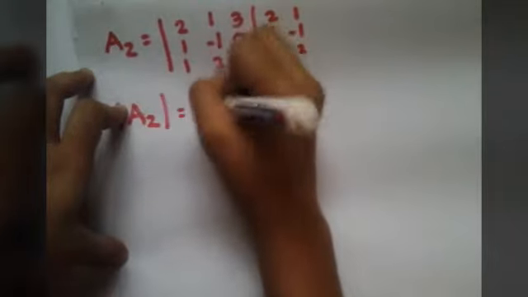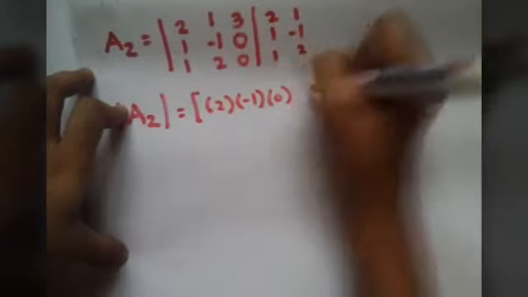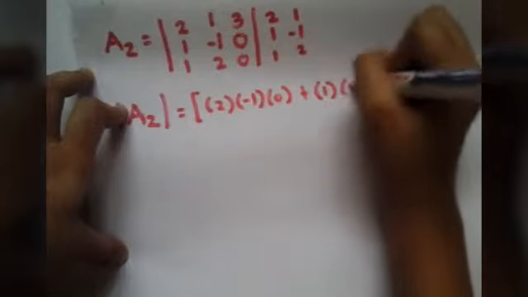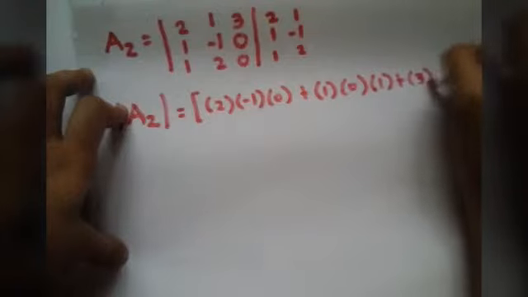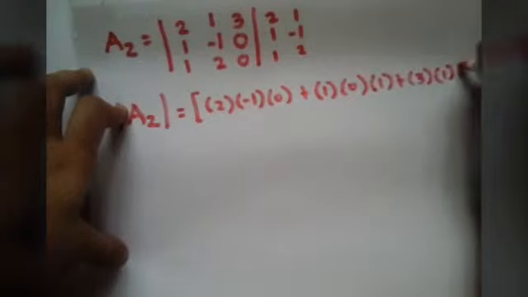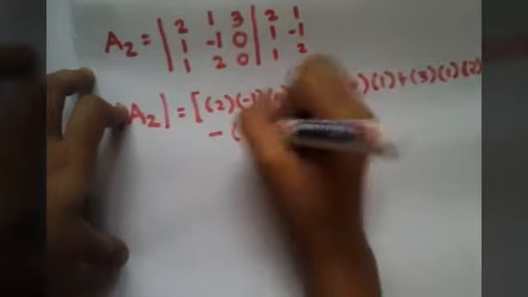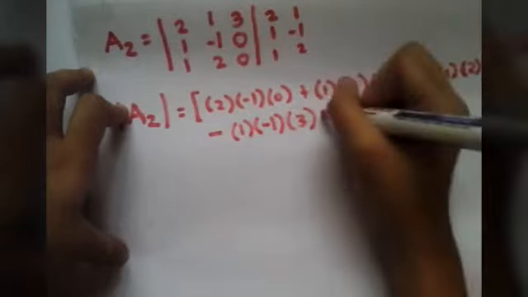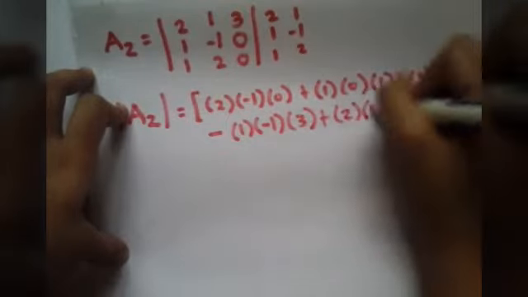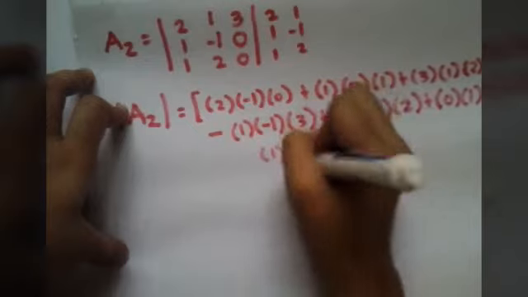It will be equal to, here, 2 times negative 1 times 0 plus 1 times 0 times 1 plus 3 times 1 times 2, minus, next, 1 times negative 1 times 3 plus 2 times 0 times 2 plus 0 times 1 times 1.